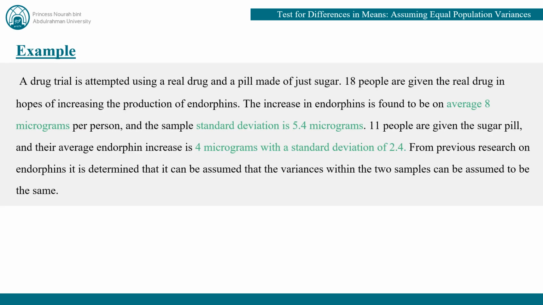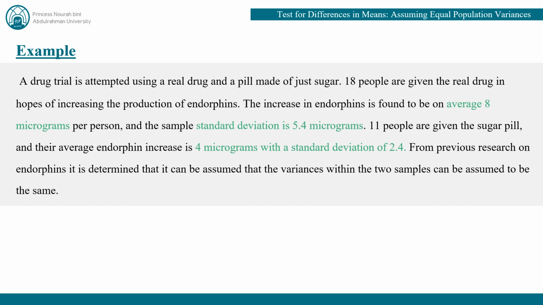Example. A drug trial is attempted using a real drug and a pill made of just sugar. 18 people are given the real drug in hopes of increasing the production of endorphins. The increase in endorphins is found to be on average 8 micrograms per person.